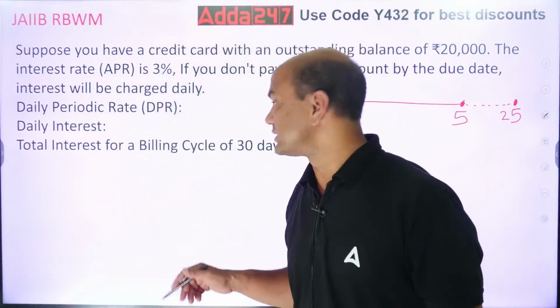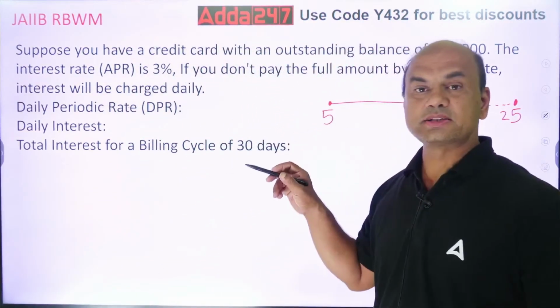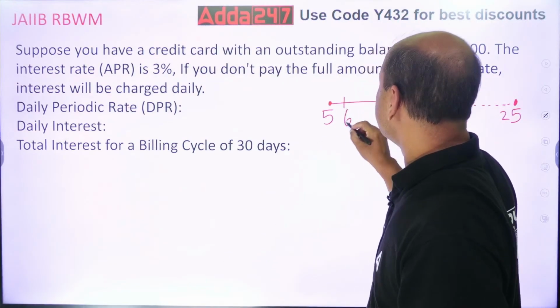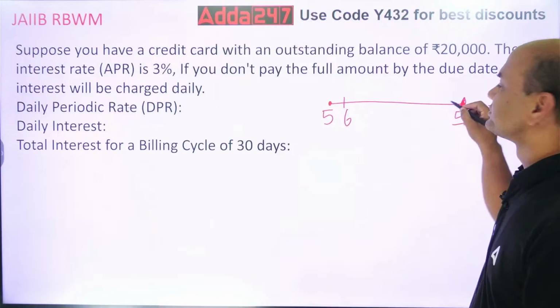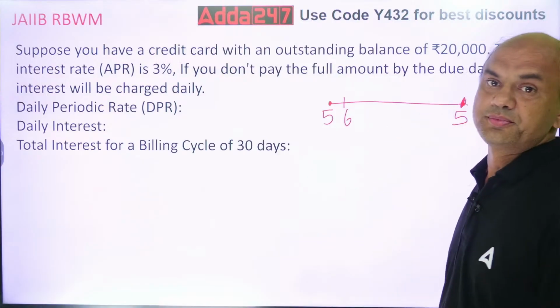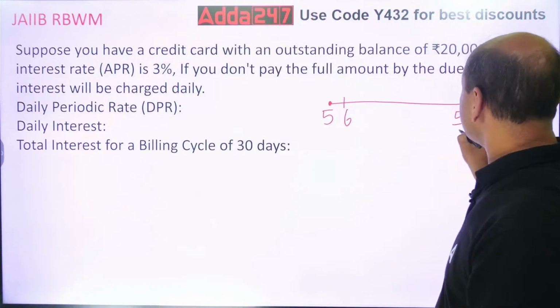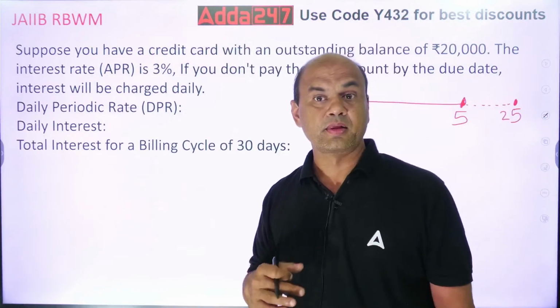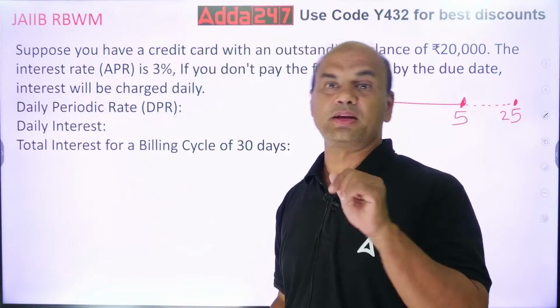Now, what do you mean by this cycle concept? Suppose I purchase anything on the 6th, then my billing will be on the 5th of next month. If I purchase anything on the 5th, on the last day, then I'll be billed on the same day.